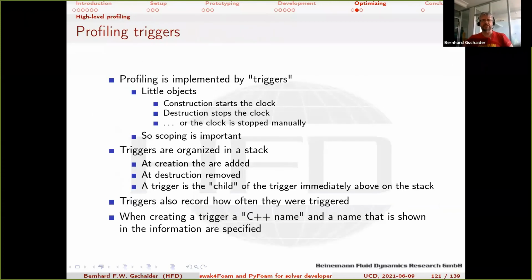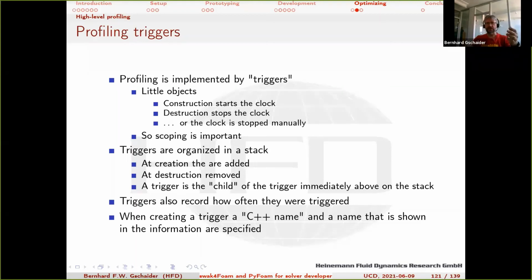Basically, profiling internally uses little objects that are called triggers. What they do is when the object is constructed, it starts a clock, and when the object is destroyed, it stops the clock, or the clock is stopped before.